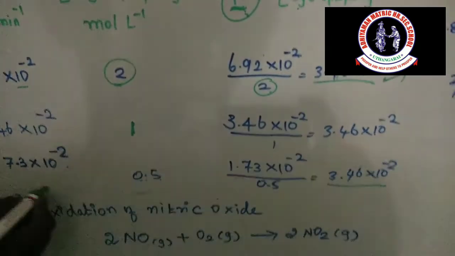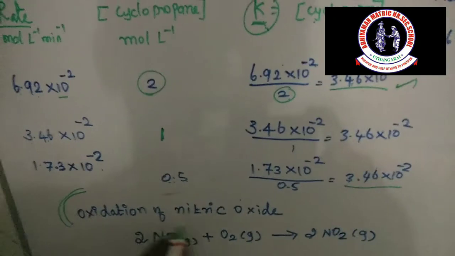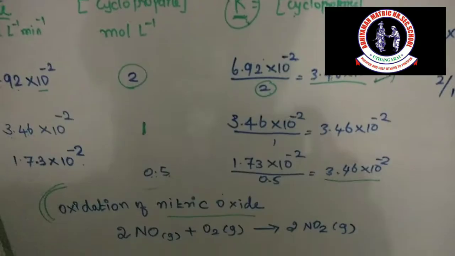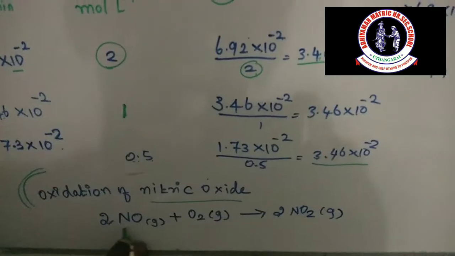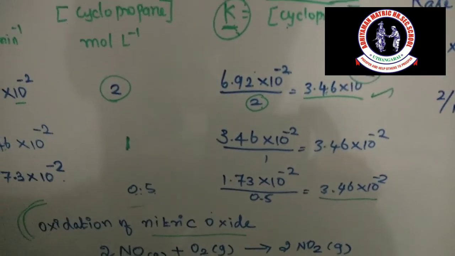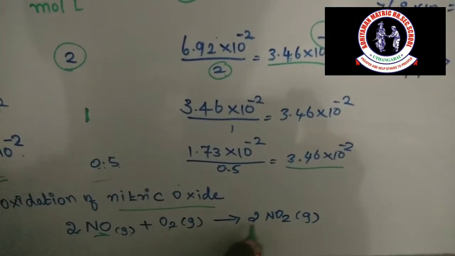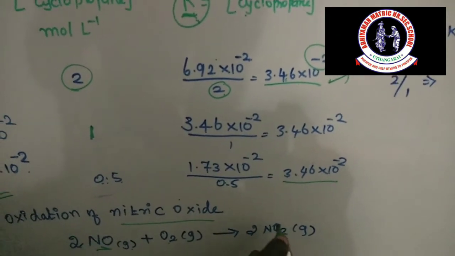Okay. Next we consider the next example, oxidation of nitric oxide or nitrogen monoxide. The formula: 2 moles of NO in gaseous state undergoes an oxidation reaction with oxygen to give 2 moles of NO2.